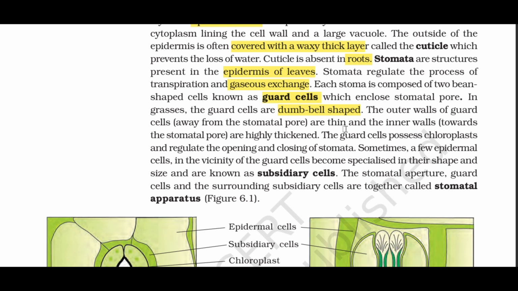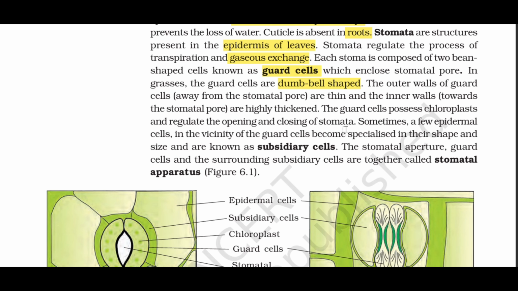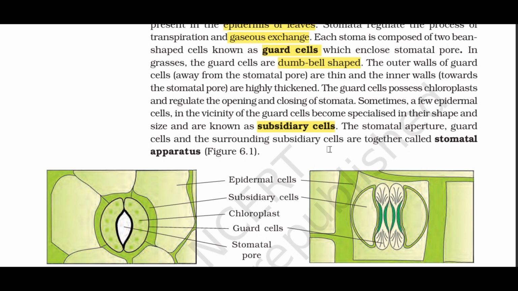The guard cells possess chloroplasts and regulate the opening and closing of stomata. Sometimes, a few epidermal cells in the vicinity of the guard cells become specialized in their shape and size and are known as subsidiary cells. The stomatal aperture, guard cells, and the surrounding subsidiary cells are together called stomatal apparatus, figure 6.1.